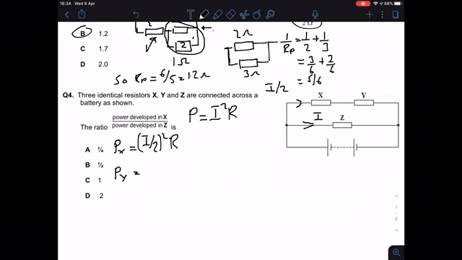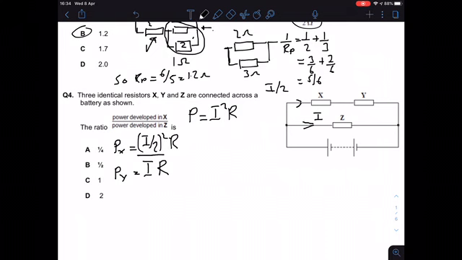This time the current is I, and the resistance is the same as the value for X, which is R. Okay, let's put our division symbol in then, because it's the ratio that we're after there.